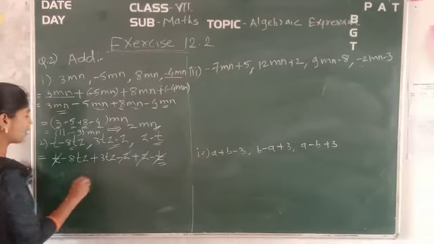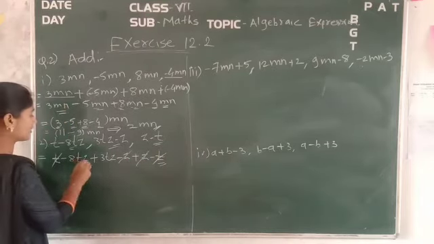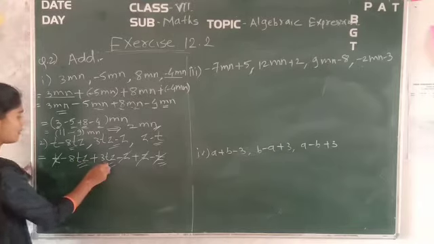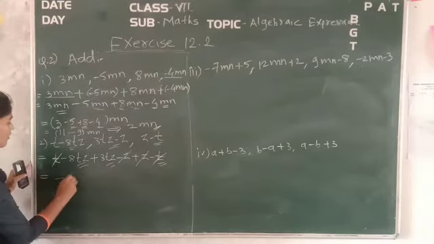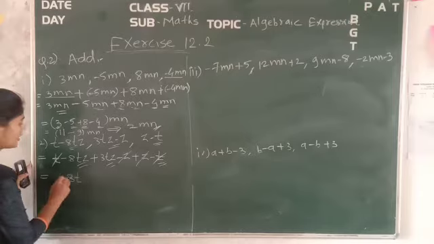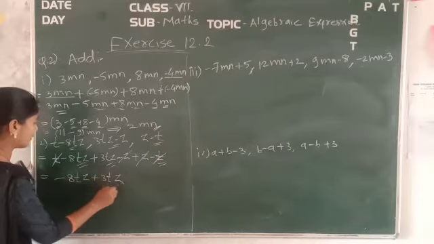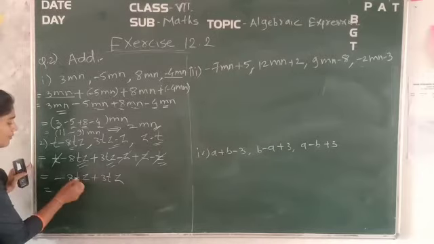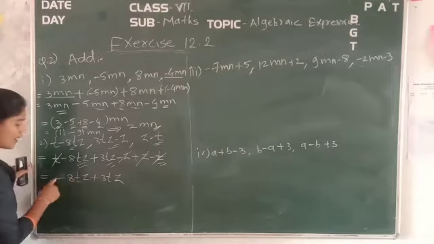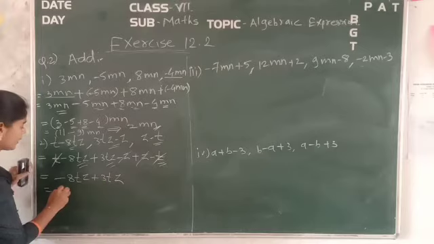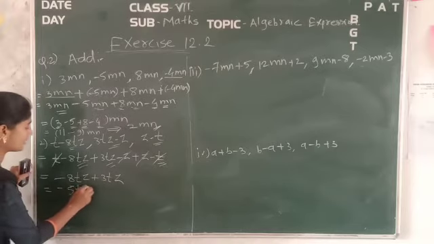What remains? Minus 8tz and plus 3tz. Now what will remain? Minus 8 plus 3, it is minus 5tz.